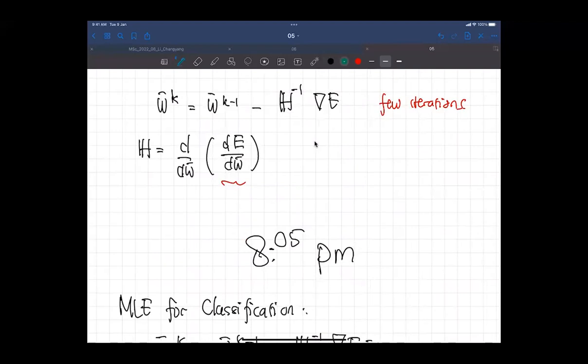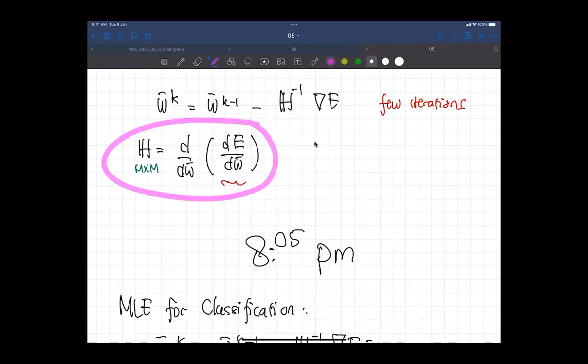That one is a good question, but I think it's H. You should look at the textbook, but I think it's H. And this one is N by N. So basically, we have this second derivative, and that second derivative is still the same as the Hessian matrix.